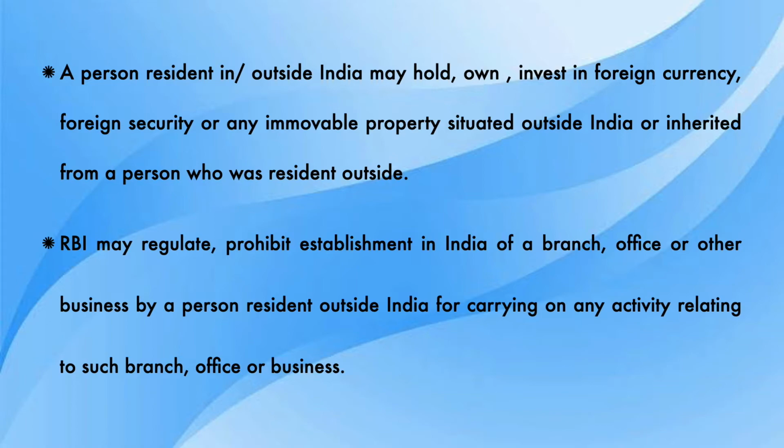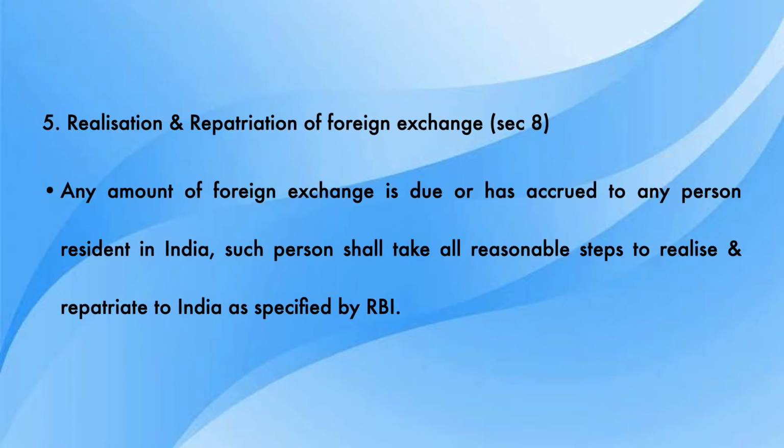In other cases, when it might improve or add to the economic development of India, it might just regulate. That means just keep a watch by having rules and regulations. Is that clear? So that's about the fourth point, capital account transactions. The fifth one is realization and repatriation of foreign exchange.